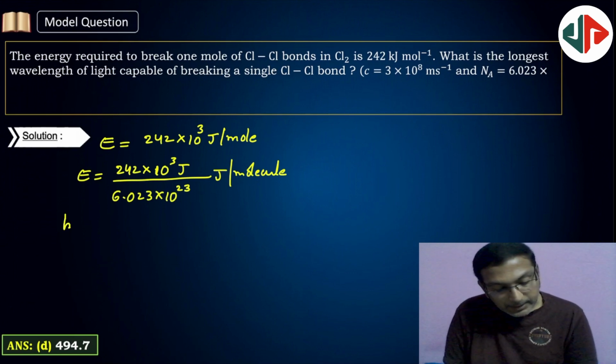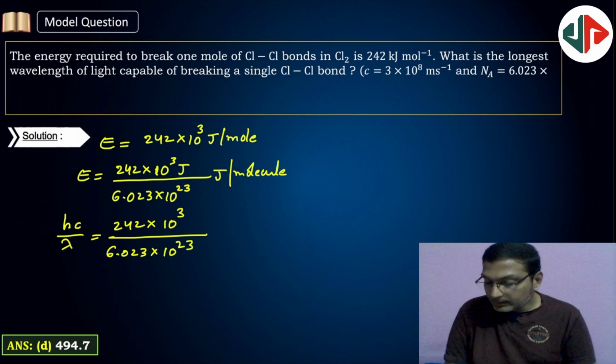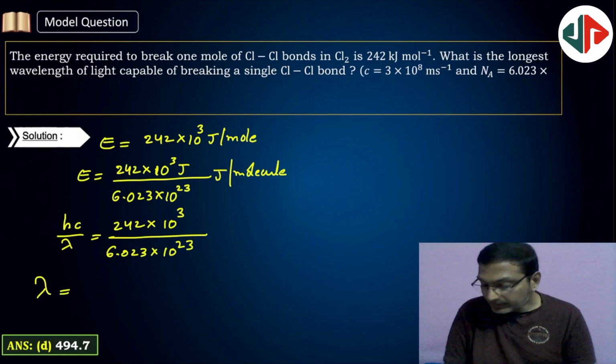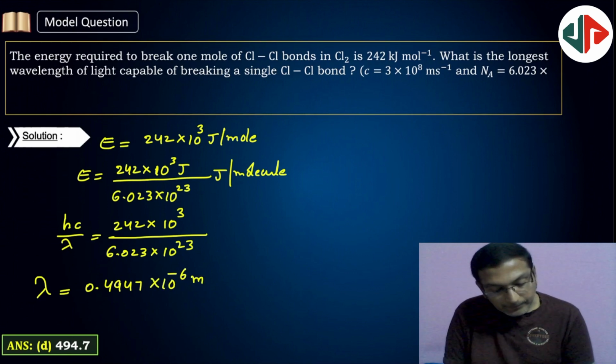Next, energy equals hc by lambda, which is equal to 242 into 10 cube by 6.023 into 10 power 23. So from this the lambda value we get is 0.4947 into 10 power minus 6 meters.